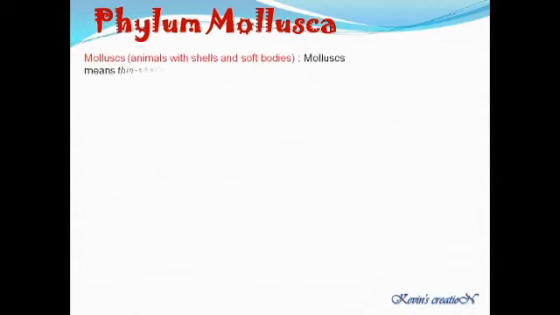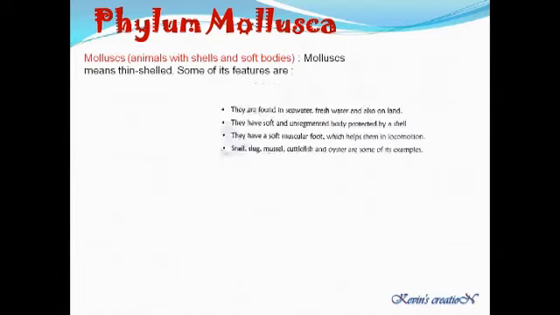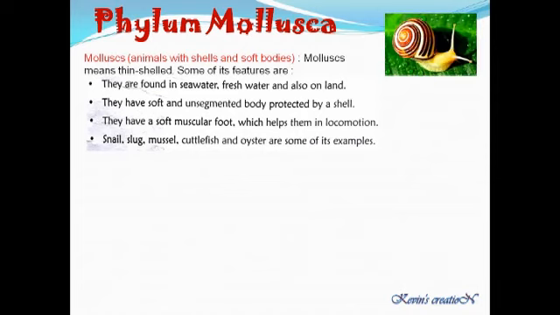These are the animals with shell. Their body is very soft, so it is protected by shells, thin shells. They are found in sea water, fresh water, or they may be found on land as well. Their body is soft and unsegmented. That means segments are not there, and their body, since it is soft, it is protected by a shell.